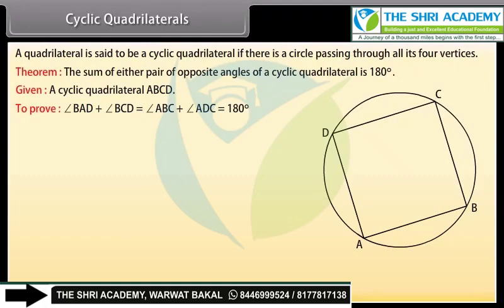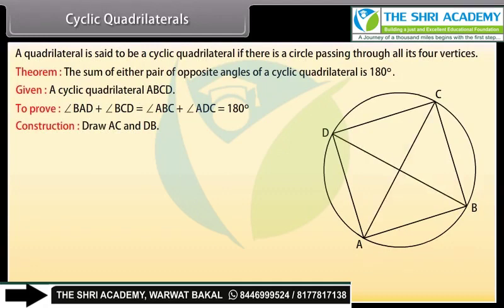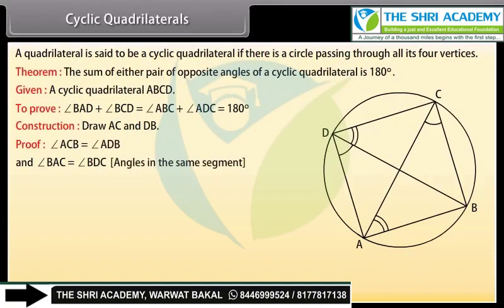Construction: draw AC and DB. Prove: angle ACB is equal to angle ADB and angle BAC is equal to angle BDC, because these are the angles in the same segment.